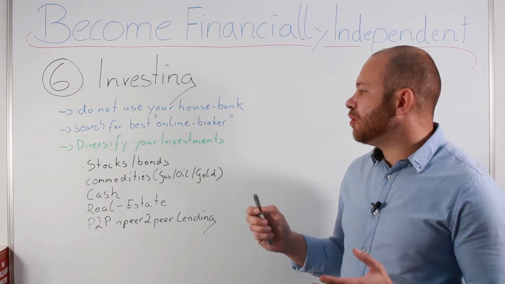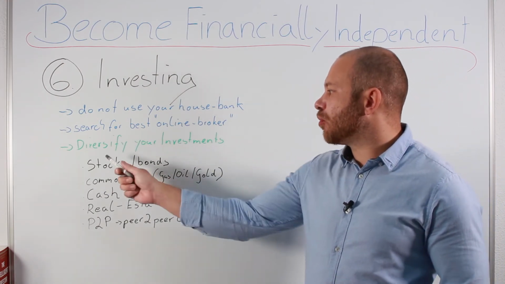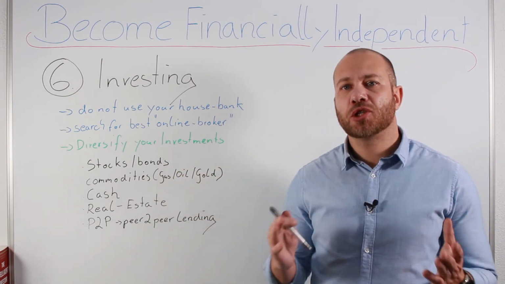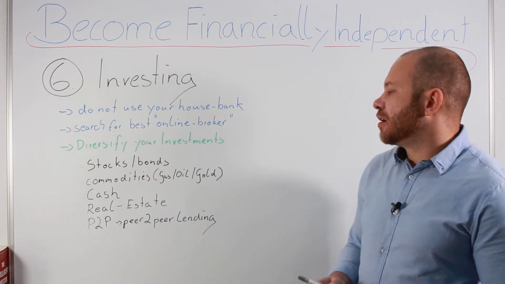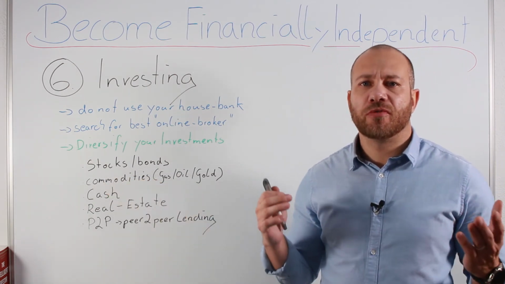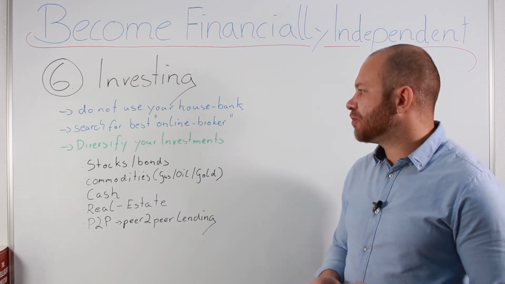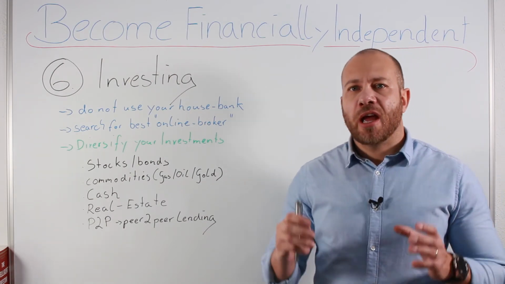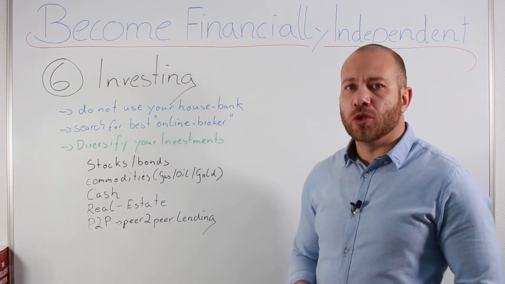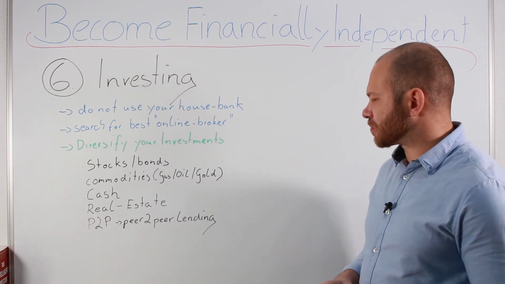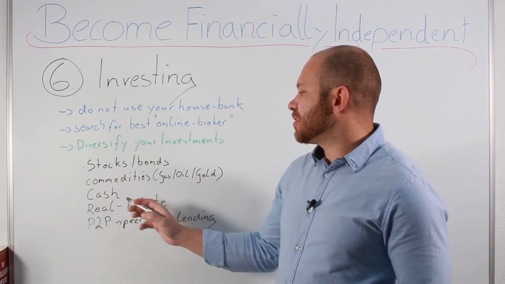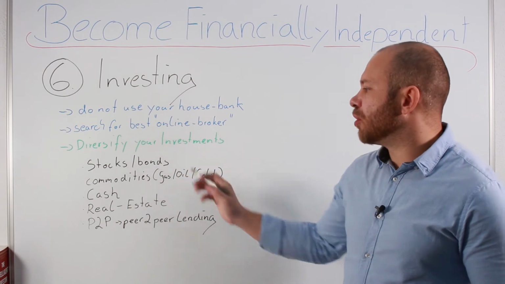And when you invest, diversify your investments as much as possible. For your stocks, for example, if you only want to invest in stocks, diversify them, not put everything on one horse. Instead, split your stocks. All right? You can as well invest next to stocks or bonds.